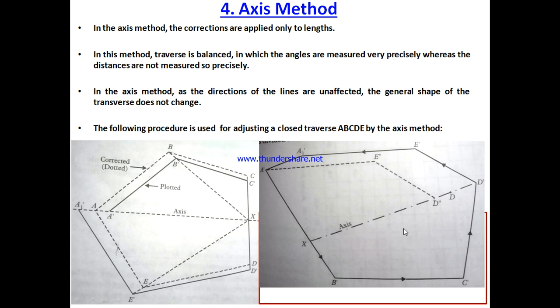So this is our axis. Now we will start making the lines. Suppose, for example, this is the corrected point A. Now for the line AB, what will I do?